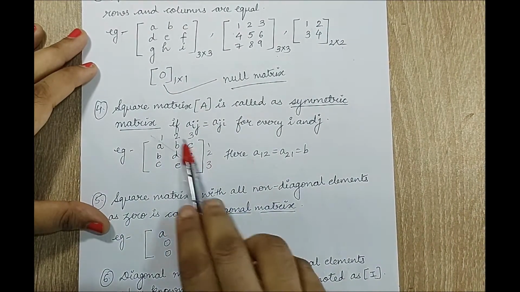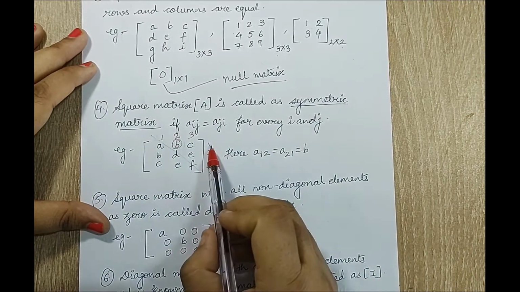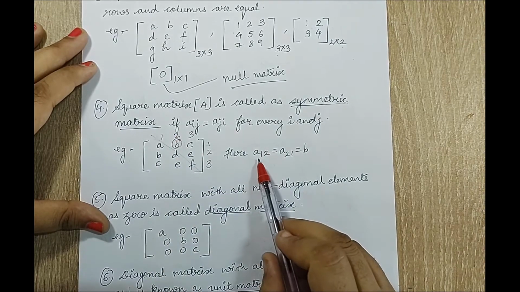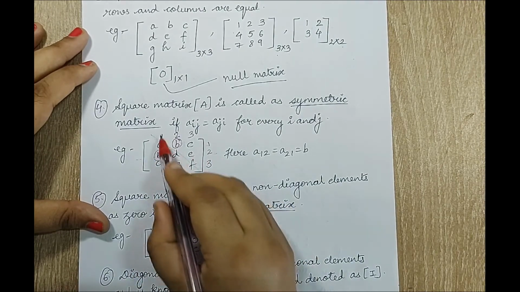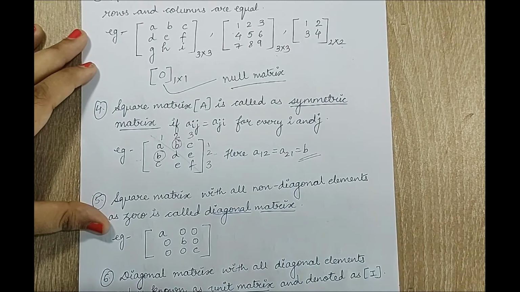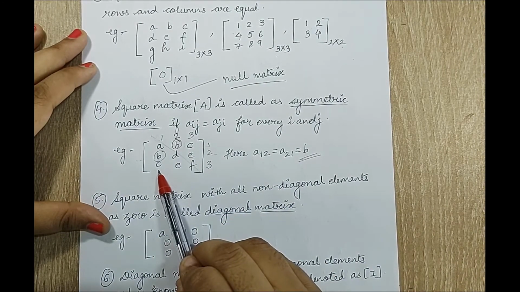So when I have 3 rows, 3 columns, if I observe this element b, I can see its position is first row, second column. So I can say it is A12. Similarly, this b is in the second row, first column. So it is A21 and the value is b. Similarly, A13 and A31 have the same value.